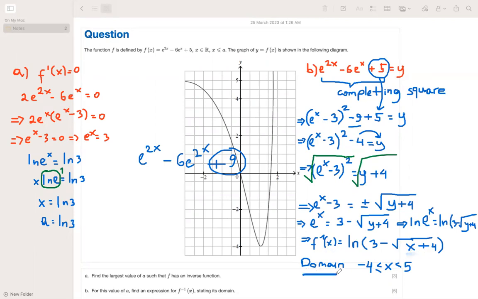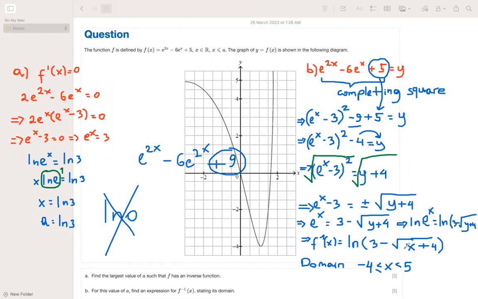Now, when it comes to the domain, first of all, we cannot have ln 0. We don't have such a thing. So now if I have, let's say, negative 4, in this case we can take the value of negative 4 because I will get ln 3, which is fine, more than 0.